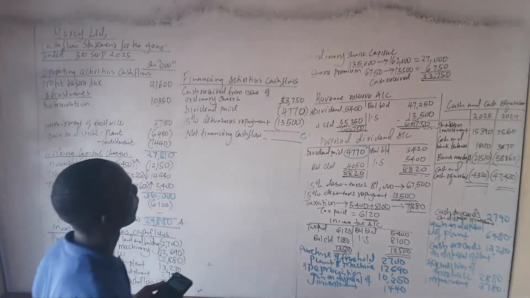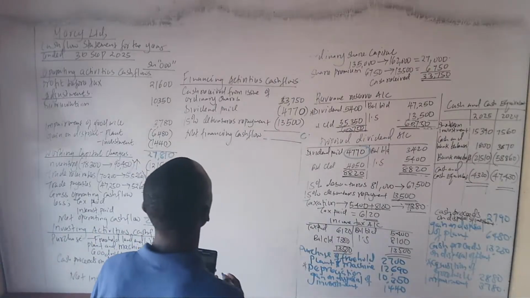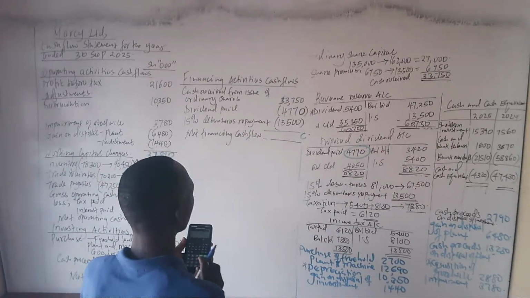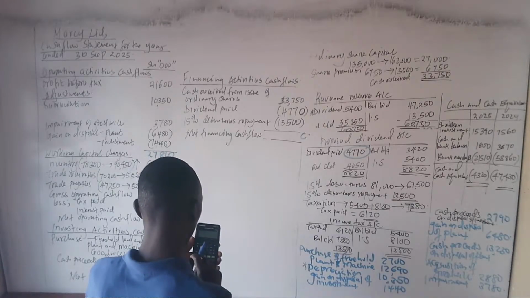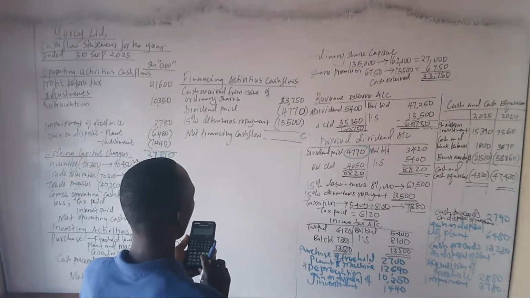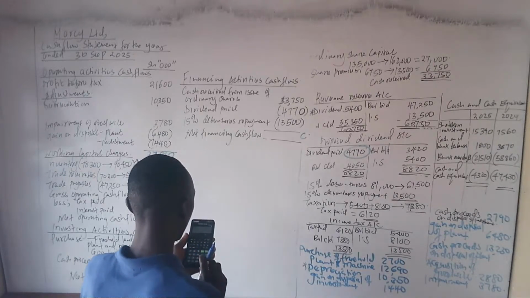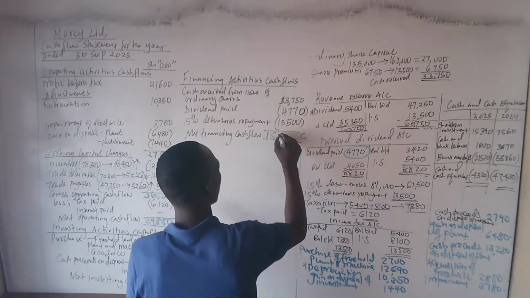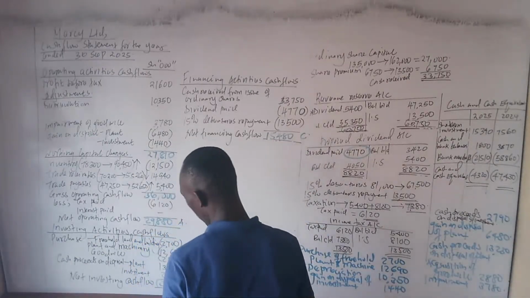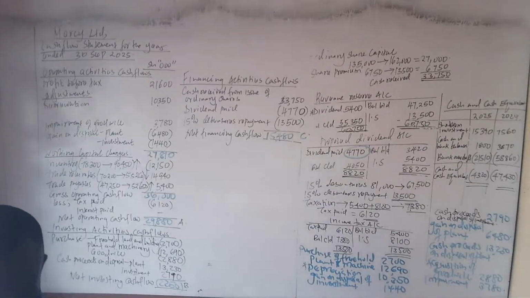We call it B. Then we come to this one. For this one, we have an amount of 33,750. Then minus 4,770. Then minus 13,500. We have an amount of 15,480. That is what we have.